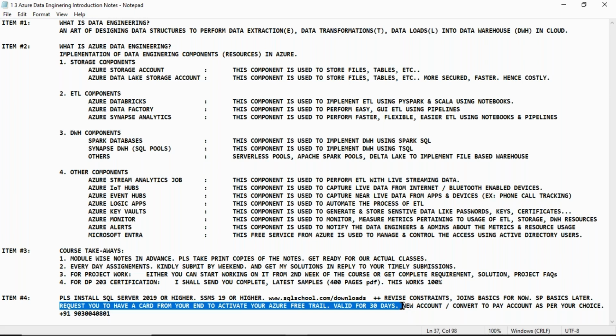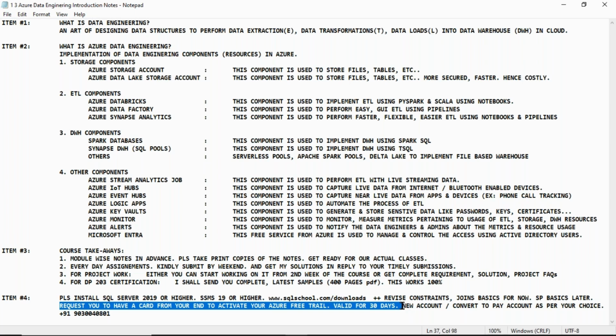I request you to use the free account only. Paid accounts usually involve up to $50 per month, provided we carefully control the resources and pause or delete the resources when not in use.